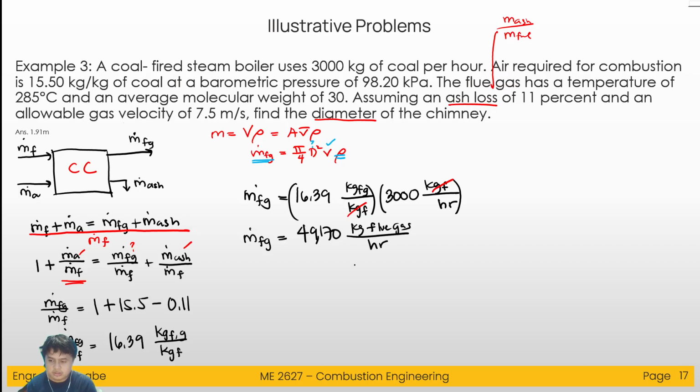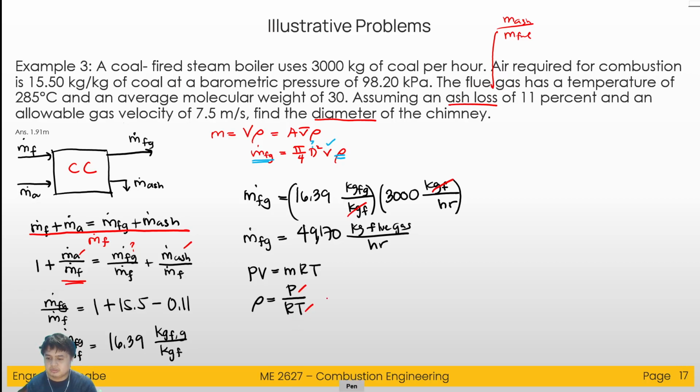per hour. Okay. So now that we have the mass flow rate, we now want to find the density. To know the density, the formula is PV = mRT, but if we do some algebra, the density is P over RT. So the pressure is given, the barometric pressure, and the temperature is given.